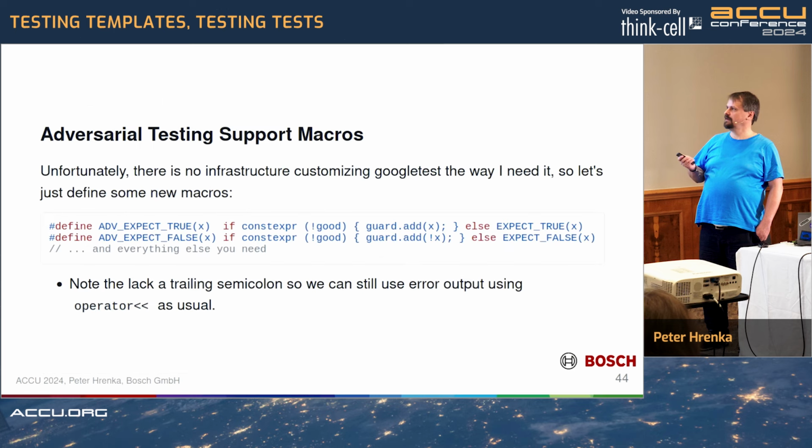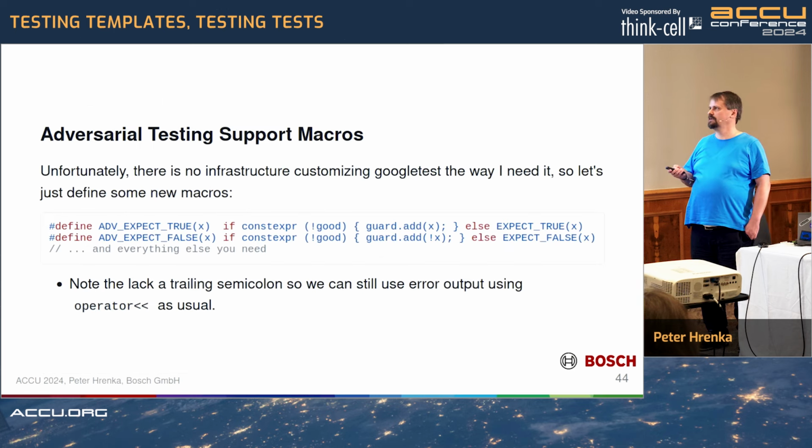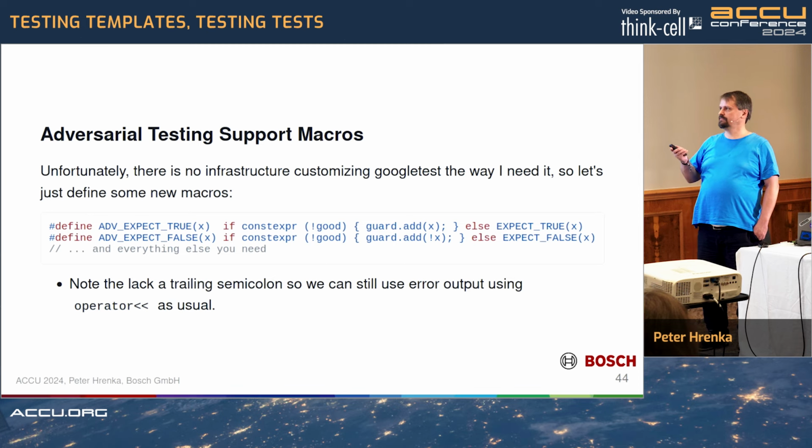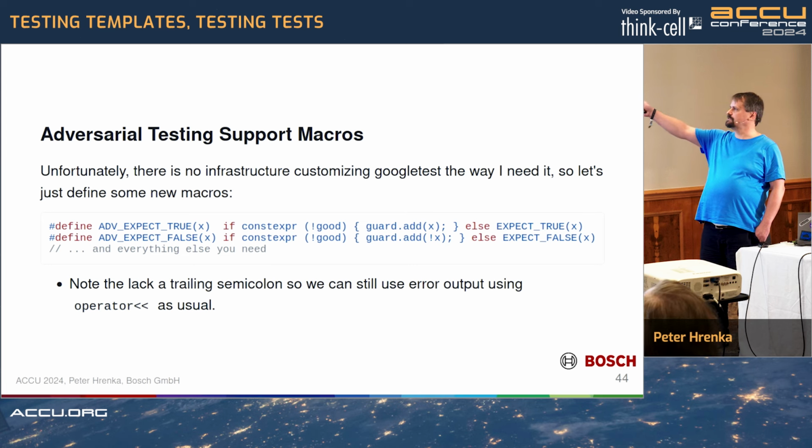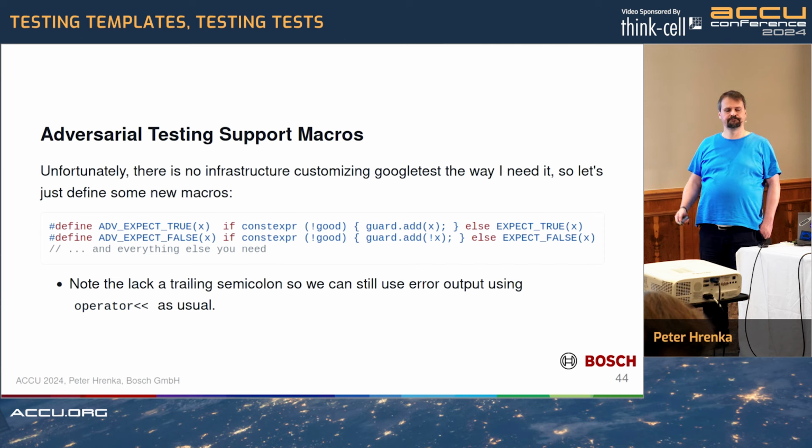Okay, that's it. And as we have Google Test, you cannot really change these macros in a nice way. So I defined some additional macros that add this guard object that we have to provide. Otherwise, in the good case, we just call the original macros.